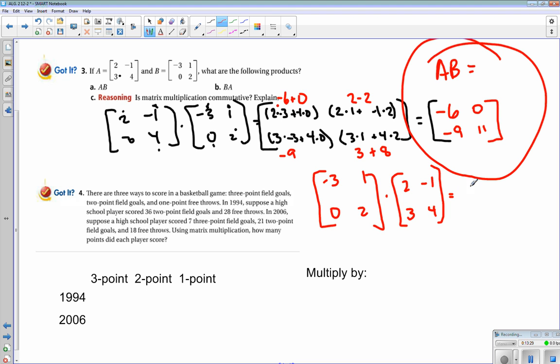All right, so in this case, I'm going to have -3 times, so it was 2 times -3, now it's going to be -3 times 2. Plus, it was -1 times 0, but now it's going to be -3 times 3.